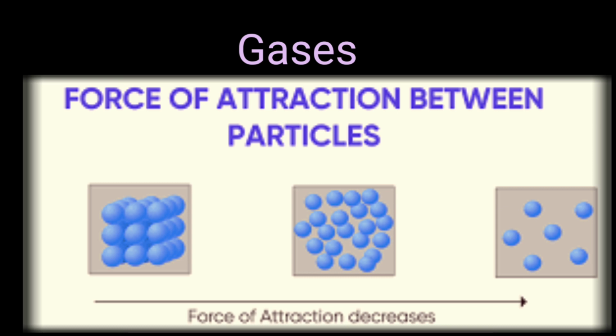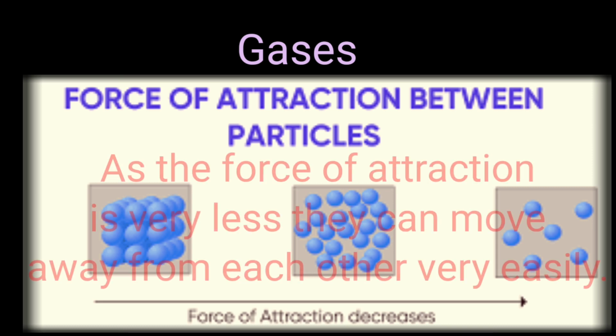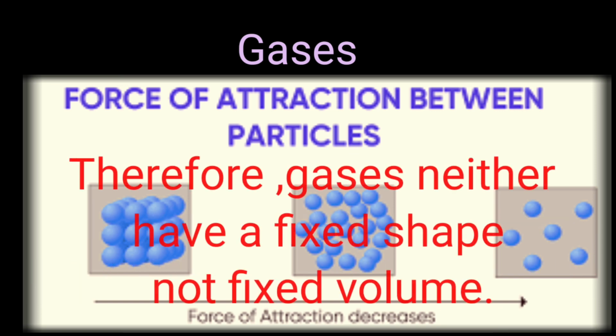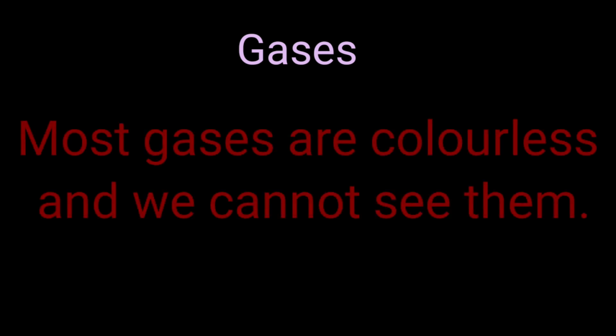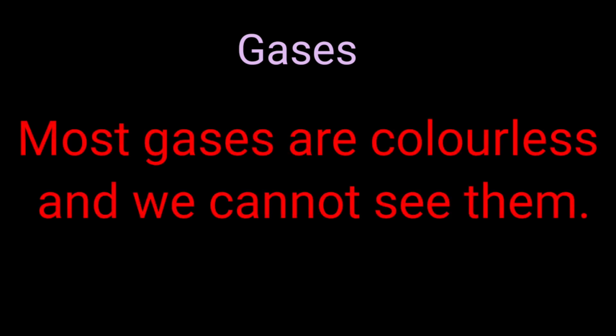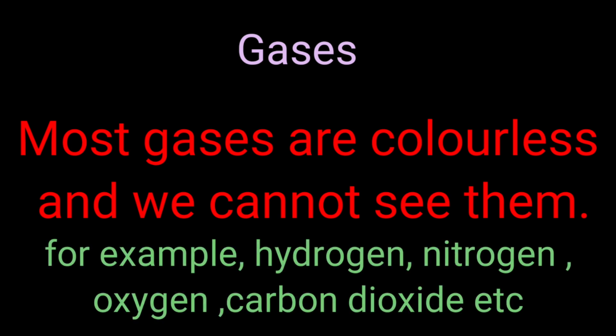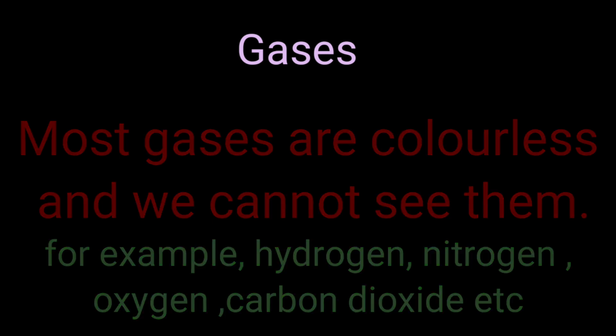As the force of attraction is very small, they can move away from each other very easily, and therefore gases have neither a fixed shape nor a fixed volume. Most gases are colorless and we cannot see them. Examples of gases are hydrogen, nitrogen, oxygen, and carbon dioxide.